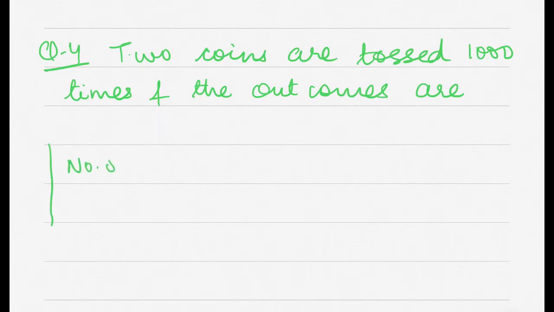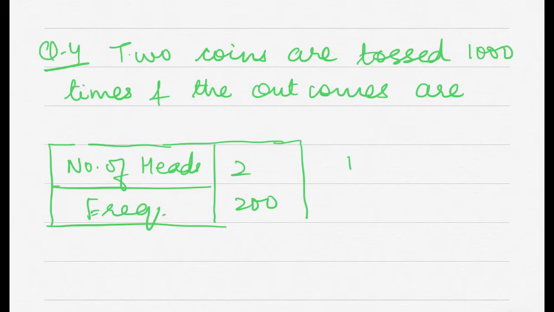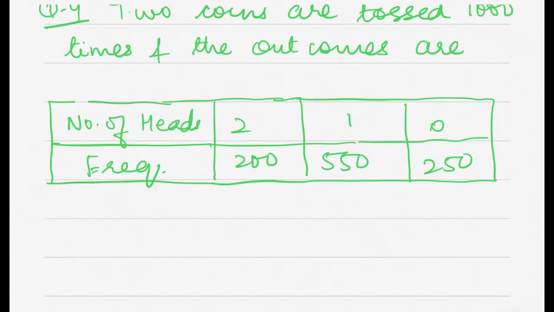So number of heads, and then I have frequencies here. Suppose if I have 2 heads, like on both the coins, then it is 200. Suppose if I have 1, then it is 550, and if it is 0, then it is 250. So this table is given to us about the observation if 2 coins were tossed.